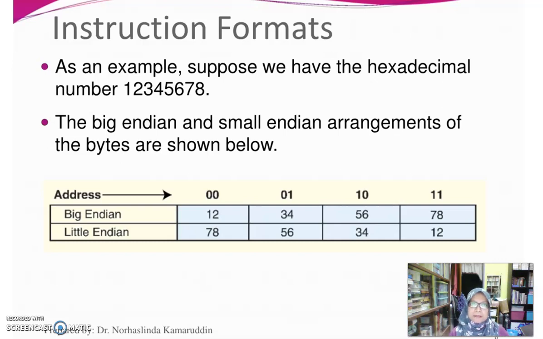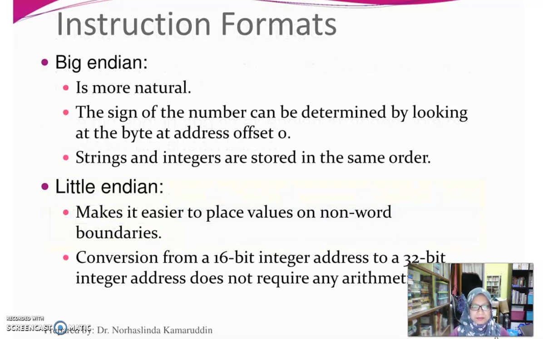So Big Endian is like your Romanized text, and Little Endian is like your Jawi, where you write from right to left. And it's like when you write mathematical numbers, of course we have the small digits on your right. So those are the differences between Big Endian and Little Endian.